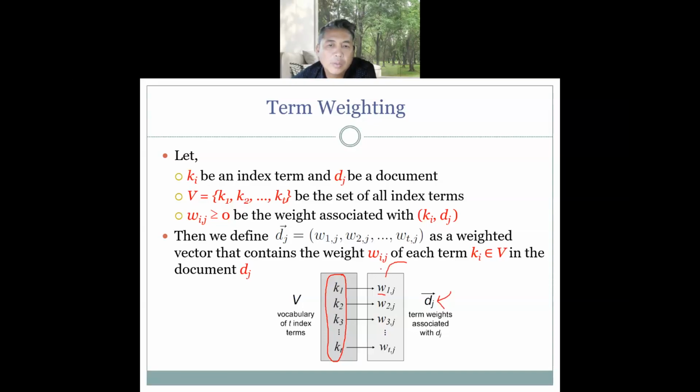Here we look at the frequency of keyword 1 in document J. So we can define the document as a vector: word 1, word 2, up to word T. So we have T number of index terms in your vocabulary.